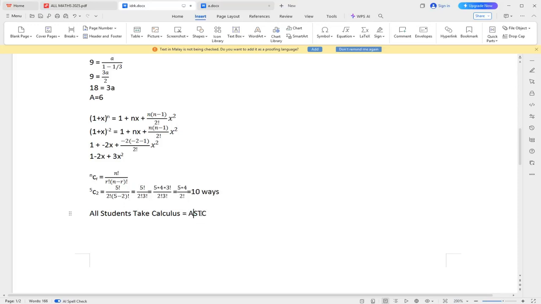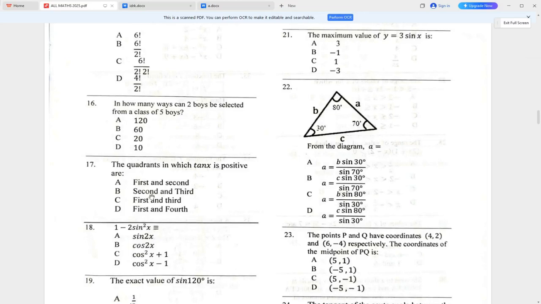S stands for sine, T stands for tan, and C stands for cos. So in the first quadrant, sine, tan, and cos are all positive. In the second quadrant, only sine is positive. In the third quadrant, only tan is positive. And in the fourth quadrant, only cos is positive. Now the quadrants in which tan is positive: you're going to have the first quadrant since it's all, and the third quadrant, since that's where tan is positive. So to answer this question, you have the first and third quadrant, which is C for question 17.